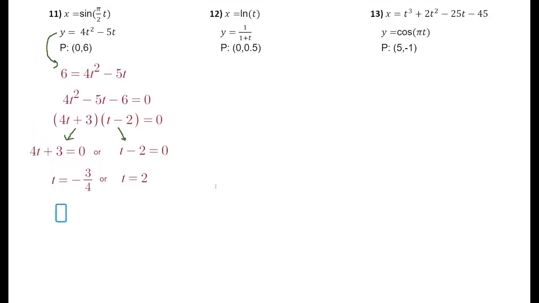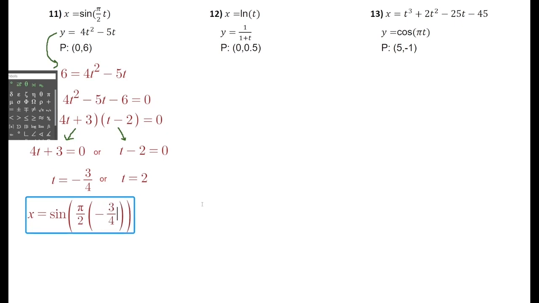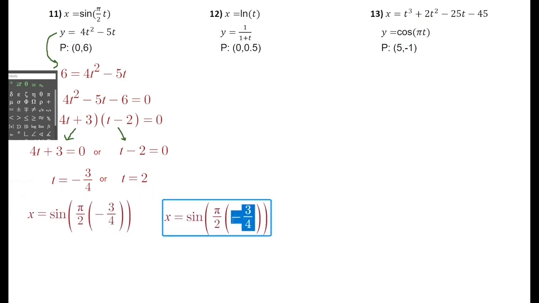So we have x equals sine of pi over 2t, and in this case we're going to say t is negative 3/4, and in this other case we're going to say that t is just 2.